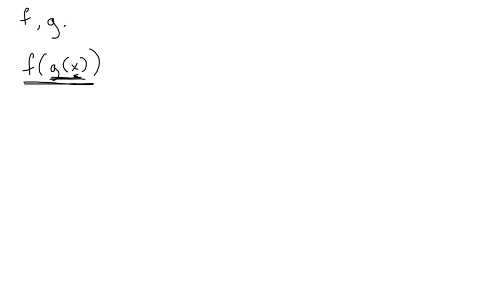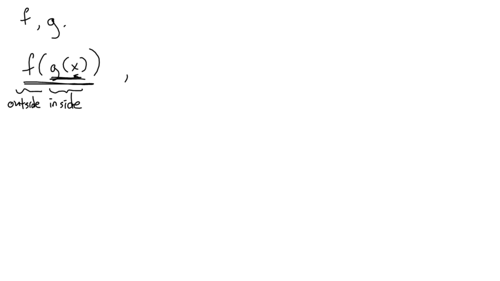So I often think of g of x as the inside function, and f of x as the outside function. The inside function is the thing you do first. If you were going to put it in your calculator one step at a time, first you do g to the number, and then you do f afterwards. So we always read function composition from the inside out.